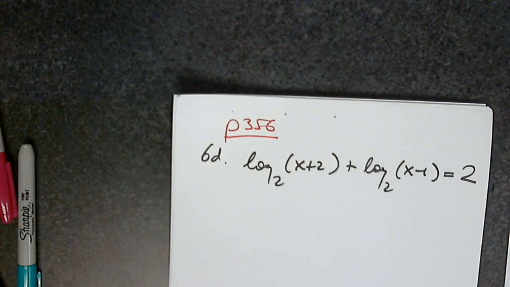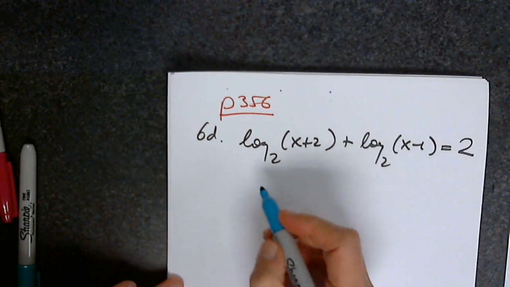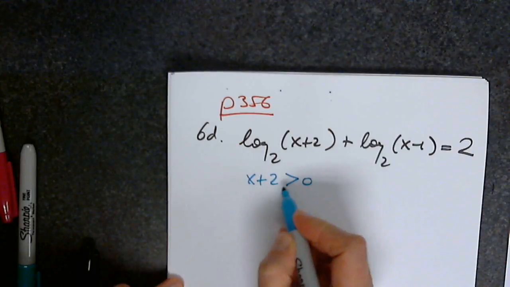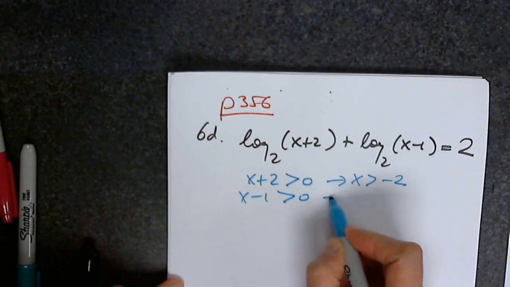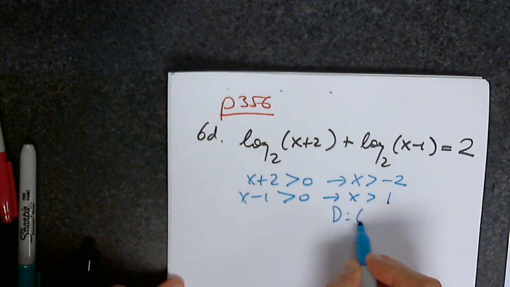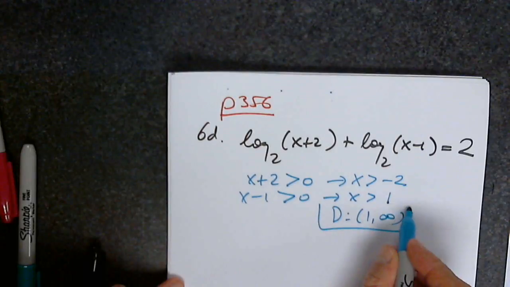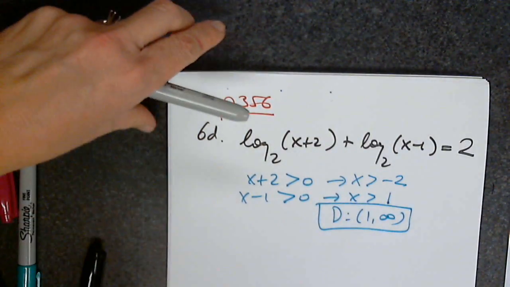How do we start? Right, but I have to write x plus 2 greater than 0 and x minus 1 greater than 0. This is x greater than negative 2 and this is x greater than 1. So the domain is 1 to infinity. If I don't find solutions in the interval 1 to infinity, they will not be acceptable.